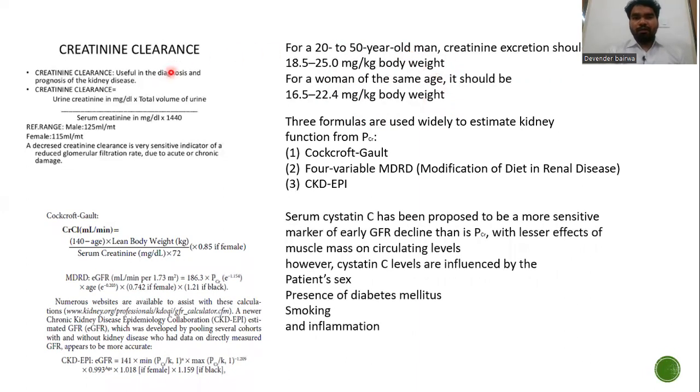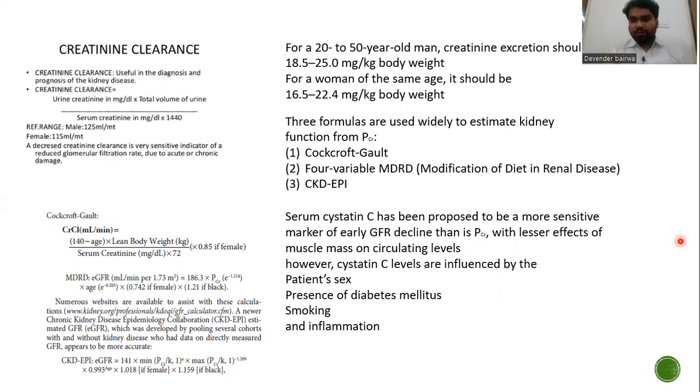Okay, so apart from creatinine, now they're talking about cystatin C. It's a protein, serum cystatin C, and they're considering whether cystatin C can be another surrogate marker for GFR calculation. It has been proposed to be a more sensitive marker of early GFR decline than plasma creatinine, but the problem is it has many variables which can affect the value. For example, cystatin C can increase because of diabetes, smoking, inflammation, and even the male and female values are different.